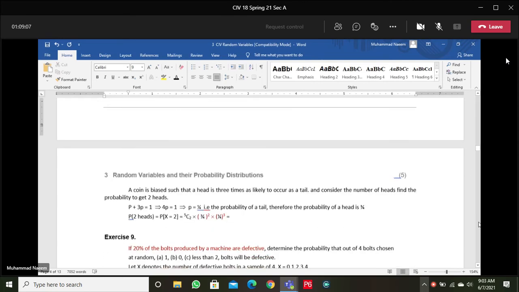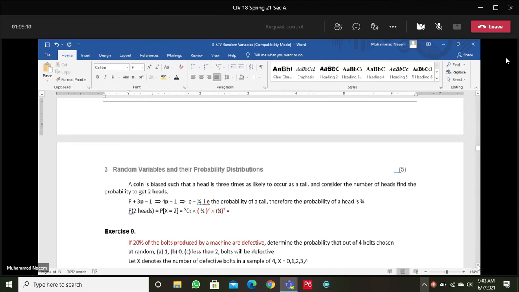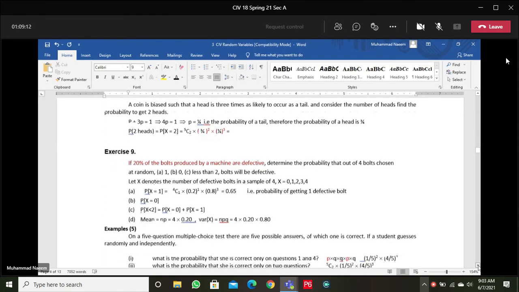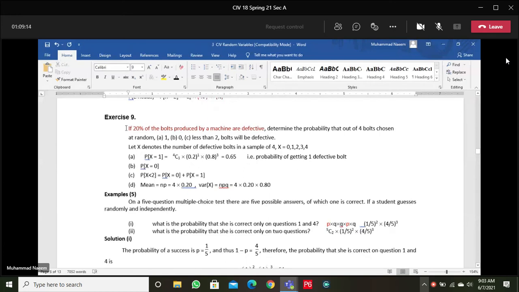Okay, come to your second problem. How can we convert this problem to a negative binomial? Here, 4 bolts are drawn in which we are finding the defective. These defective may be 0, 1, 2, 3, 4. Now fix the defectives. For example, we are doing the first part.